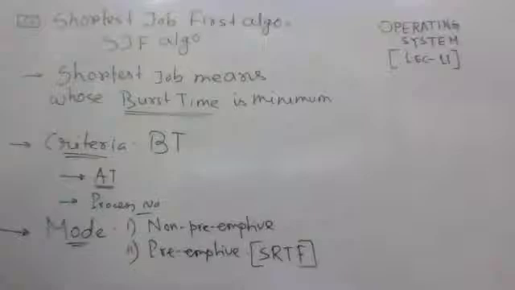So the non-preemptive one is SJF, and the preemptive one is called SRTF.